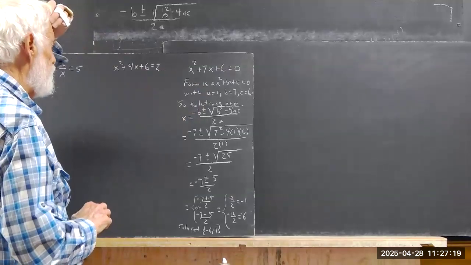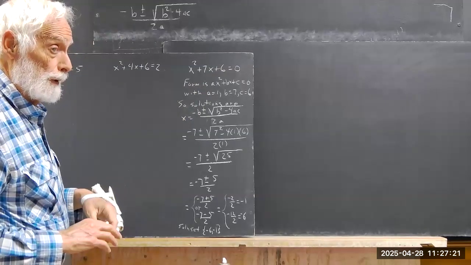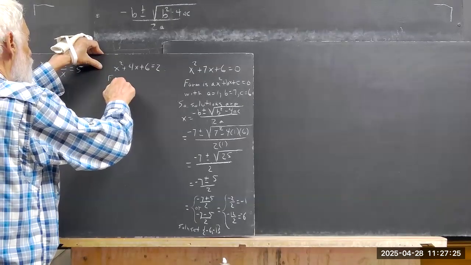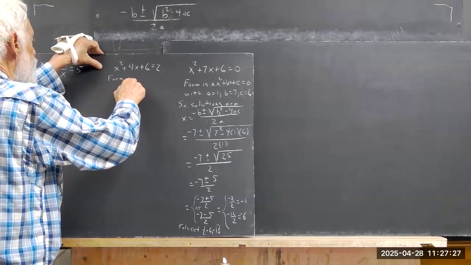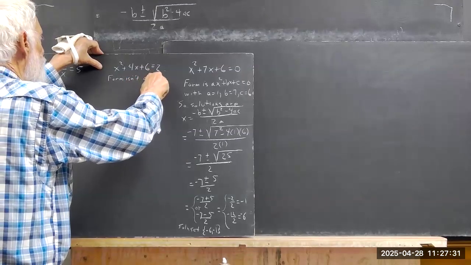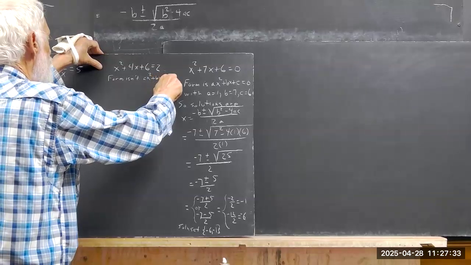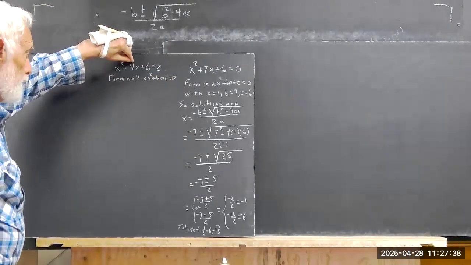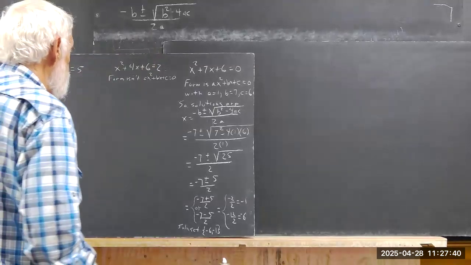the form is not ax squared plus bx plus c. But you have an x squared, you have an x term, and you have some number.